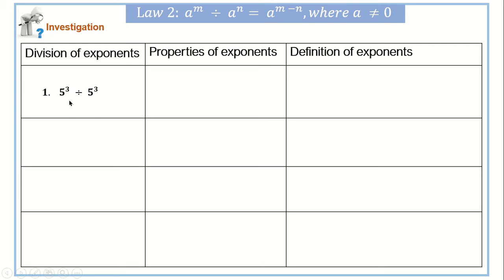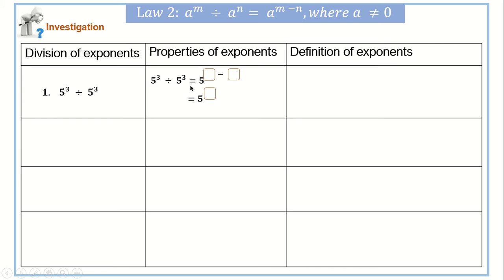Now we have number 1: 5 to the power of 3 divided by 5 to the power of 3. Using the laws or properties of exponents, remember, when we are dividing bases that are the same, we only subtract the powers or the exponents.